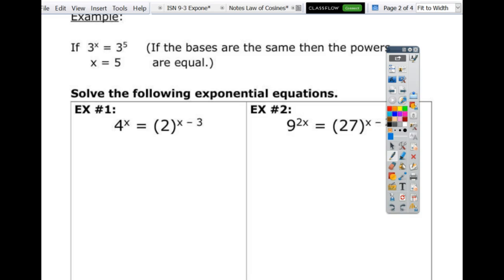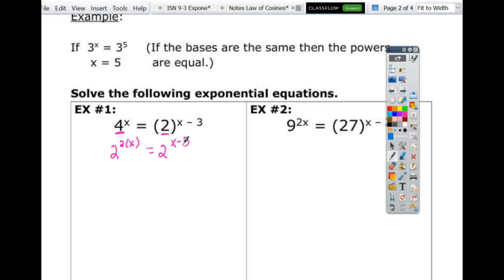So let's just go to the first example. There's only one rule today, and here's the rule. The base has to be the same. So if you look at this, this and this are different. I have to have the same base. So if I have a 2 on this side, I need to rewrite my 4 with the base of 2. And we just said 4 is 2 to the second, so I'm going to have 2 to the second times the exponent equals 2 to the x -3.